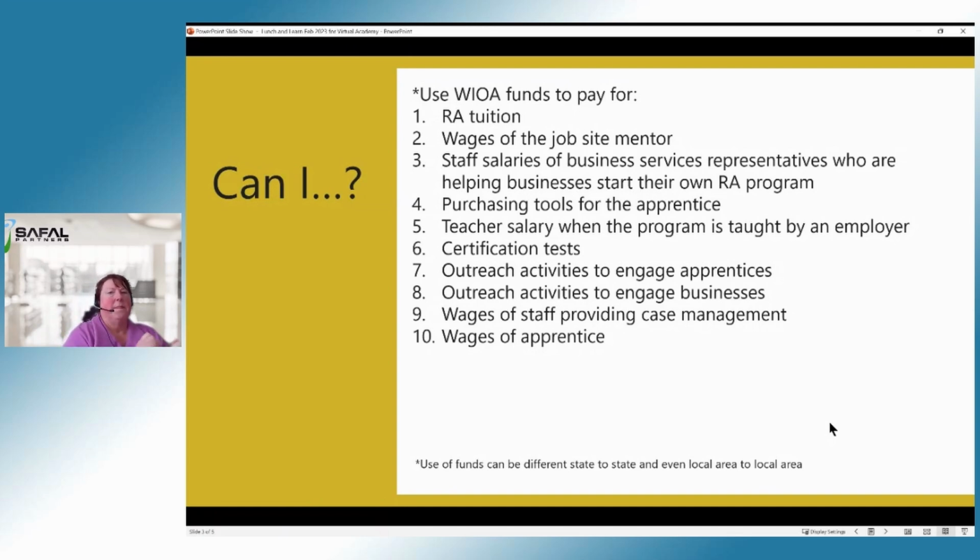Okay, these outreach activities to engage the apprentices or to engage businesses. Can WIOA pay for that? And I'm waiting to see what you guys say. And I'm really hoping you're all typing away, yes, yes, yes.